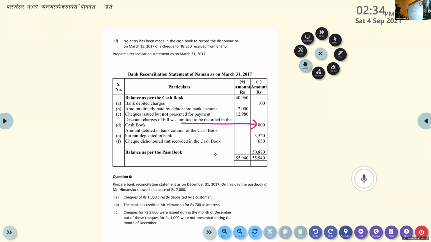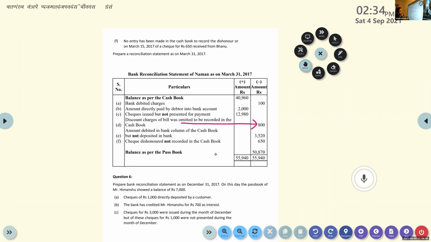Over. Now, the last one. No entry has been made in the cash book to record the dishonor on March 15, 2017 of a check for rupees 650 received from Bhanu. Actually, the business had to receive 650 rupees.